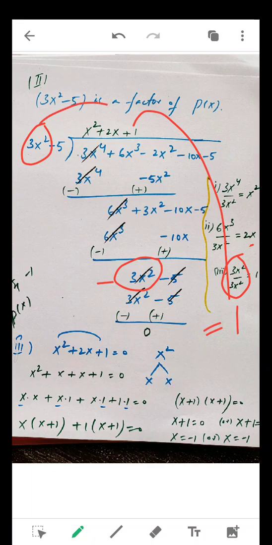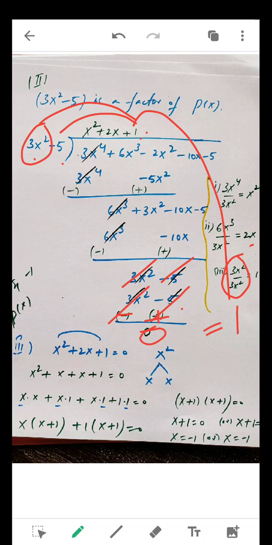Multiplying this with 3x square and minus 5 and writing here. So 3x square into 1 is 3x square, minus 5 into 1 is minus 5. Changing the sign again. So plus became minus, and this minus became plus. So minus 3x square plus 3x square, minus 5 plus 5 gets cancelled. Finally you get the answer as 0.